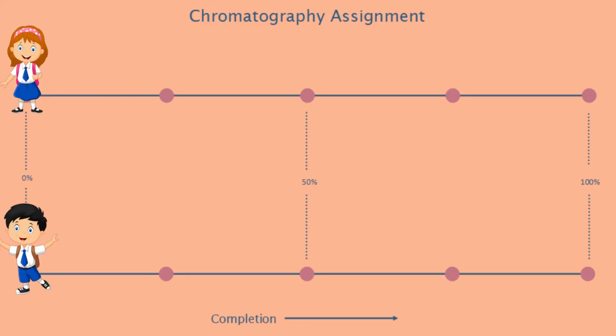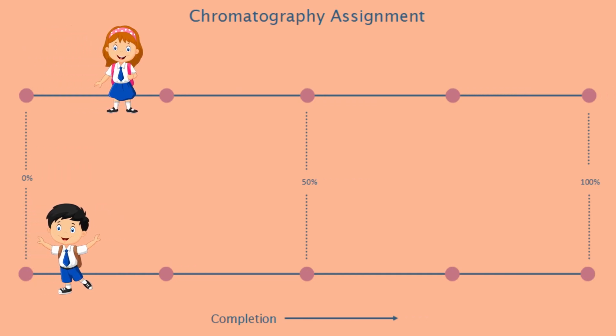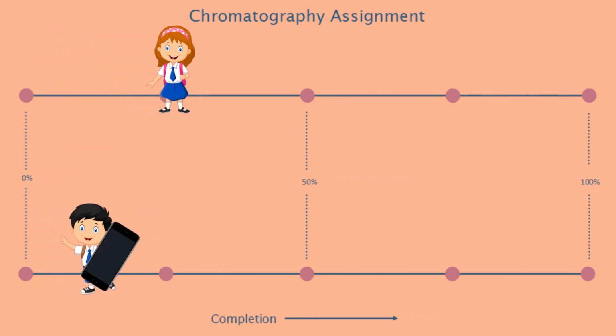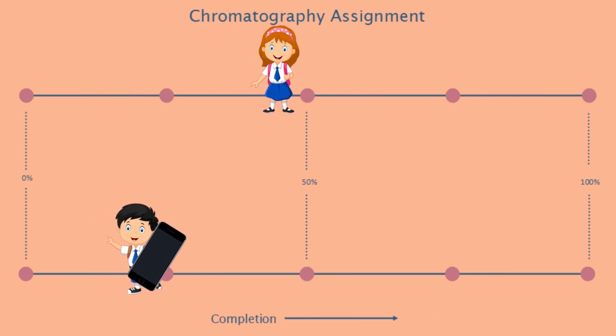Here are two students in the same class with the same project that have been assigned by the same prof. Both of these students have the same amount of time to finish this project and have started at exactly the same time. The only difference between these two students is that one of them gets heavily distracted by their phone and the other student continuously works on the project until completion.